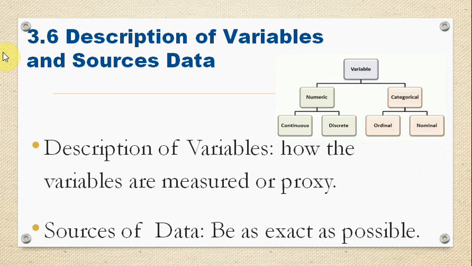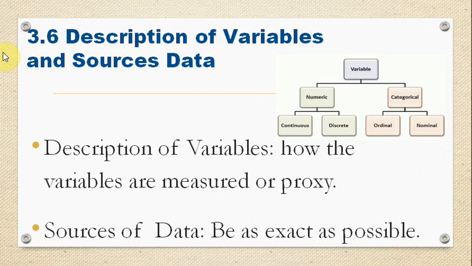And then you describe where you got this data. It's possible the data sets you are using were selected from different sources. Identify the sources for each of them. It is important because if, for instance, you are using unemployment based on the Nigeria Bureau of Statistics and another person is using unemployment based on another organization, the measurement of unemployment for these two institutions may not be the same.